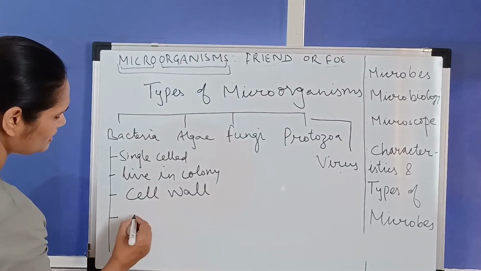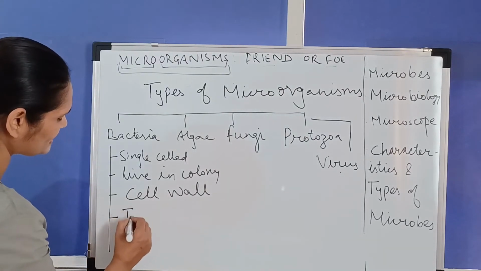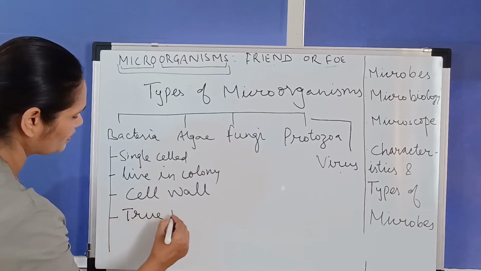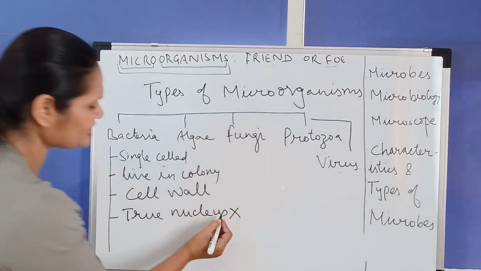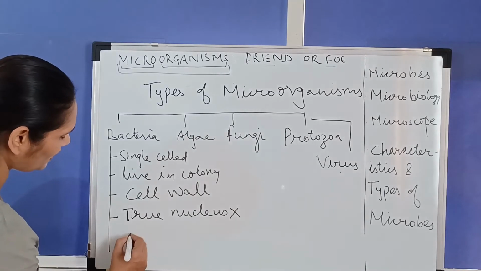And then they do not contain a nucleus. A true nucleus is absent in bacteria. So what do they contain? They contain a nucleoid region.